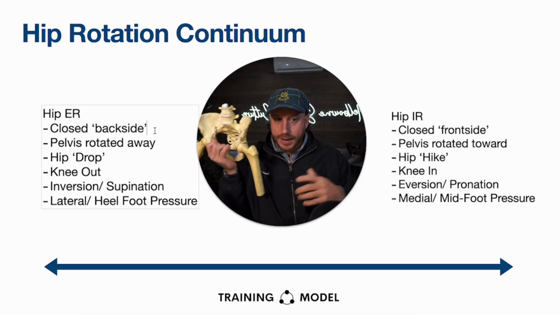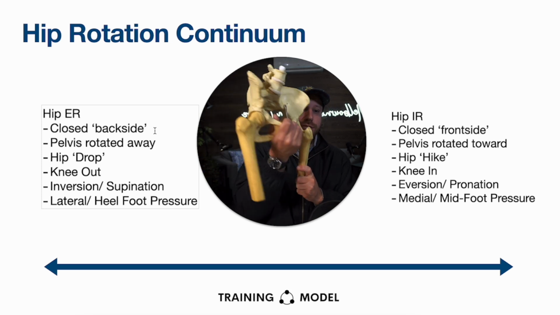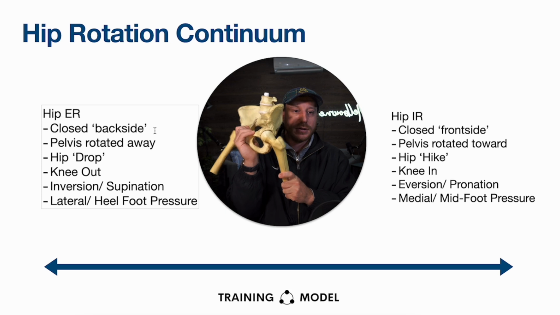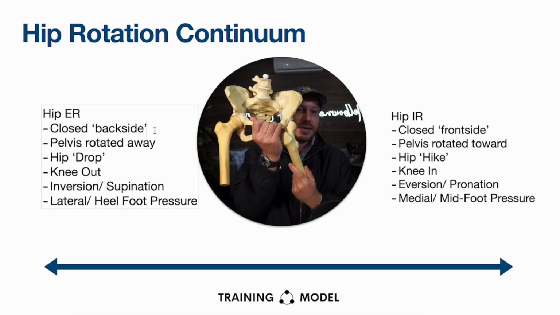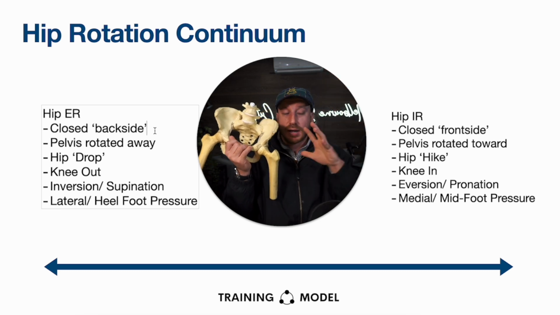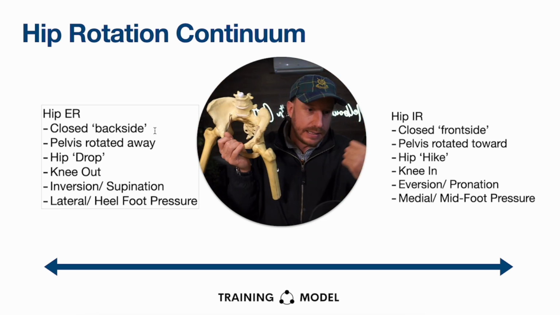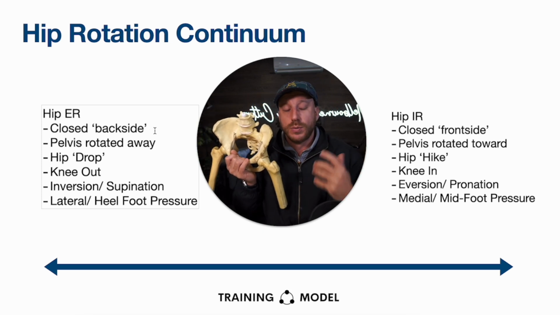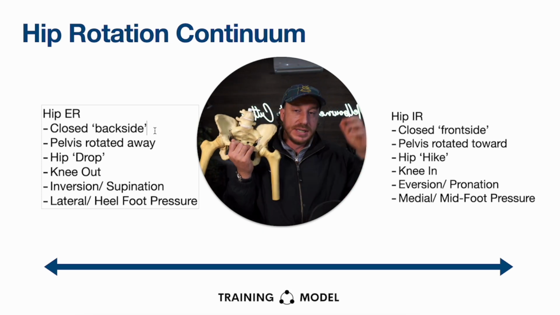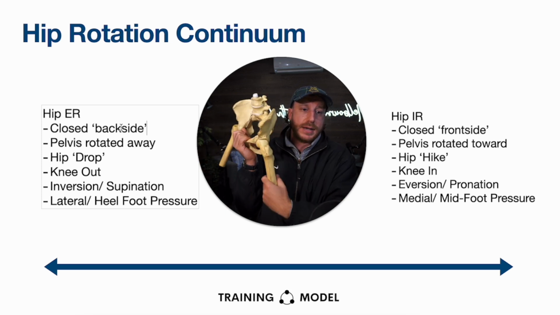And this is why center of mass is so important to understand, but it's actually probably going to be driven more by what is happening at the trunk rather than just this femur rotating on a static trunk. The center of mass is actually what's going to be driving a lot of that hip IR and ER. So you have to understand where the pelvis is in space. So we have to close the backside for hip external rotation.